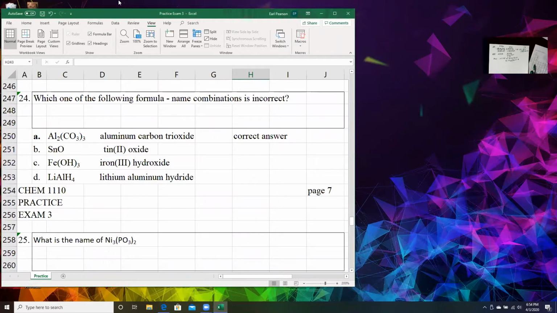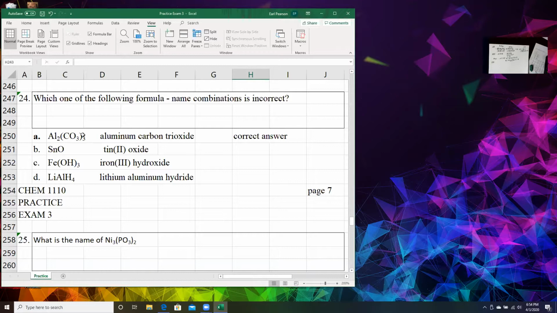Number 24: which of the following name combinations is correct? I don't really need my pad for that. Let's just see if these names are correct. Aluminum with carbonate: aluminum is one of the ions that doesn't require a Roman numeral.